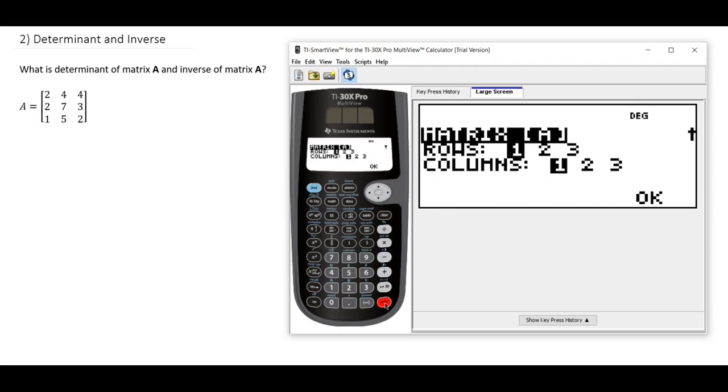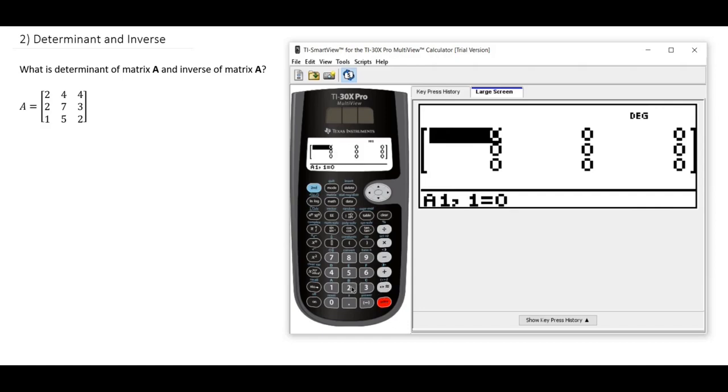And this matrix is also 3x3. So now after inputting the values, I'm going to quit the matrix.